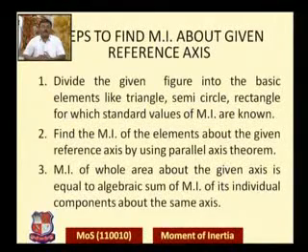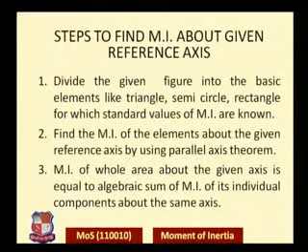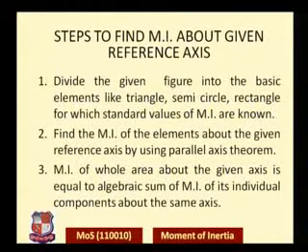So I have just shortlisted the few steps you have to follow in solving the problem. Whatever the figure or lamina is given to you, first of all you have to discretize the given figure into the standard shapes. For example, you divide the figure into shapes like rectangle or triangle or semicircle.